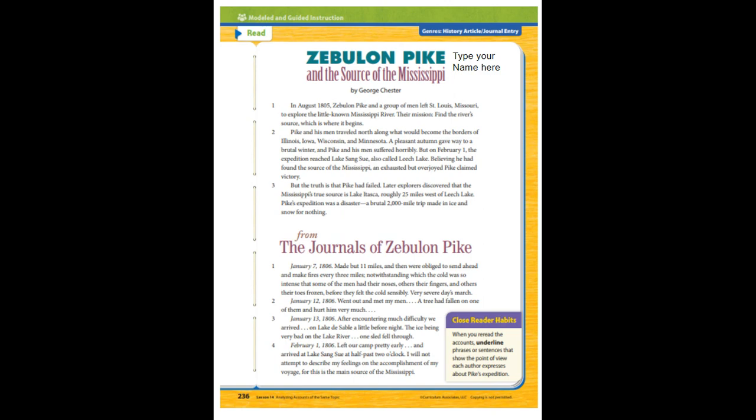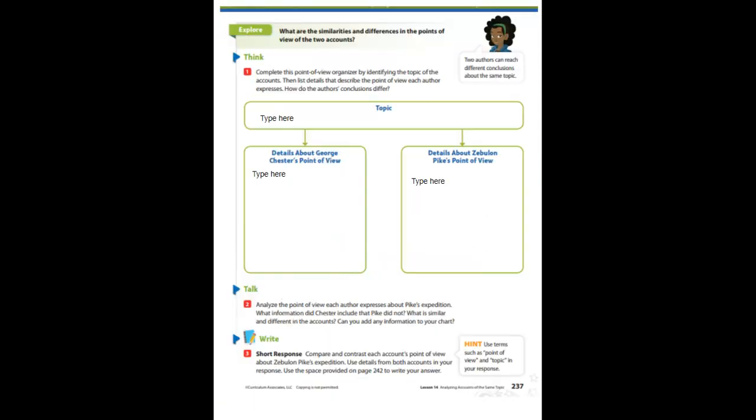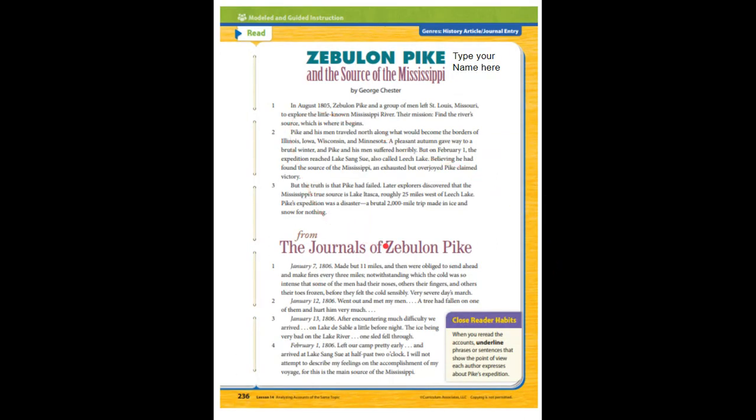And another thing I want you to focus on is who wrote each article. I feel like that definitely plays a key role in us completing this part over here, because we're about to break it down by point of view. I want us to focus on who wrote what. So we know here this is not the same passage. We can make a clear divide, right about through here, of knowing that this is a history article written by George Chester.